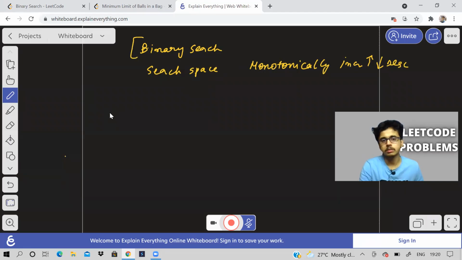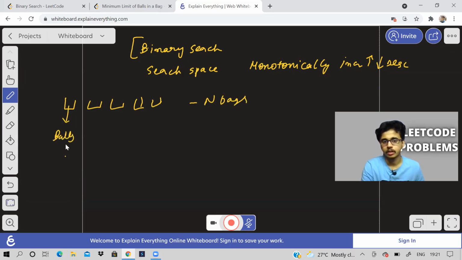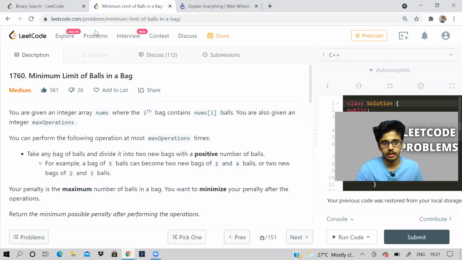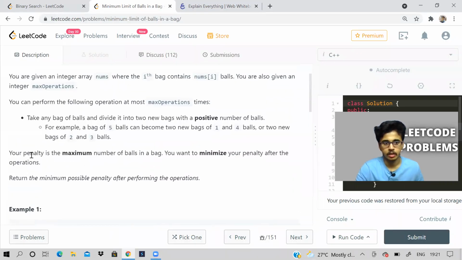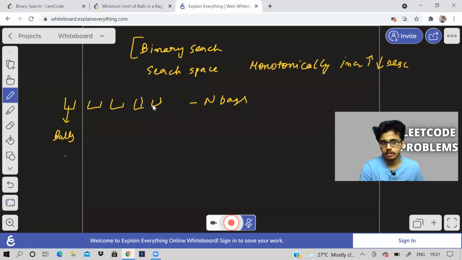So in this problem, what is there? We are given some n number of bags. Correct. So some n number of bags are there. Each bag has some number of balls. Now, what the problem says over here, penalty is the maximum number of balls in a bag, and we want to minimize the penalty, which means suppose one of the bags has 100 balls.